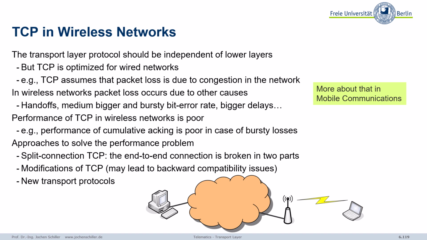Some tweak some of the parameters, like tweaking the initial window so that in the end you burst into the wireless network and you hope that you're successful. And there are also newer, different transport protocols. But you see, TCP has some issues there, but more, as I said, in mobile communication.